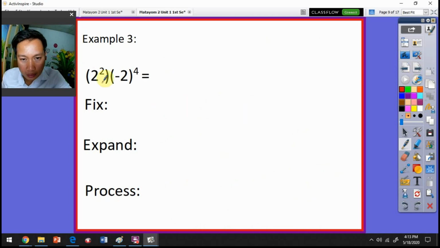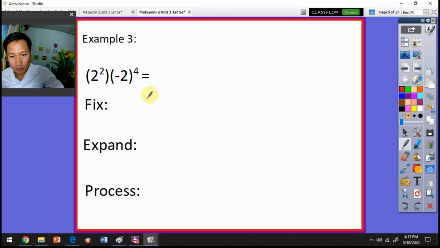Now let's look at the next example. The first thing we have to do is fix this problem. You have 2 to the power of 2 times negative 2 to the power of 4.